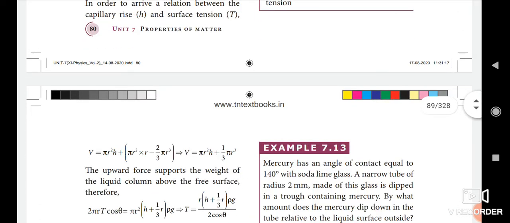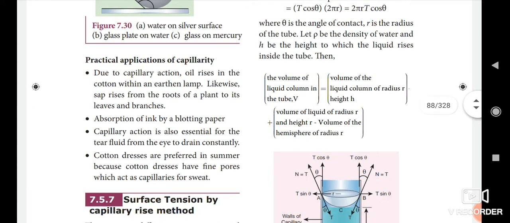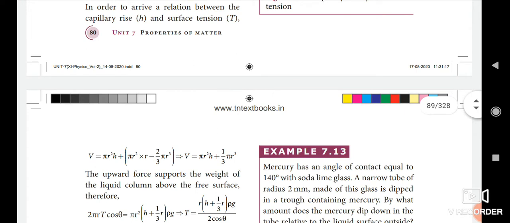So instead of h we put pi r squared into r. Have you all understood? Then minus, because minus is there in this formula, the volume of the hemisphere, 2 by 3 pi r cube.